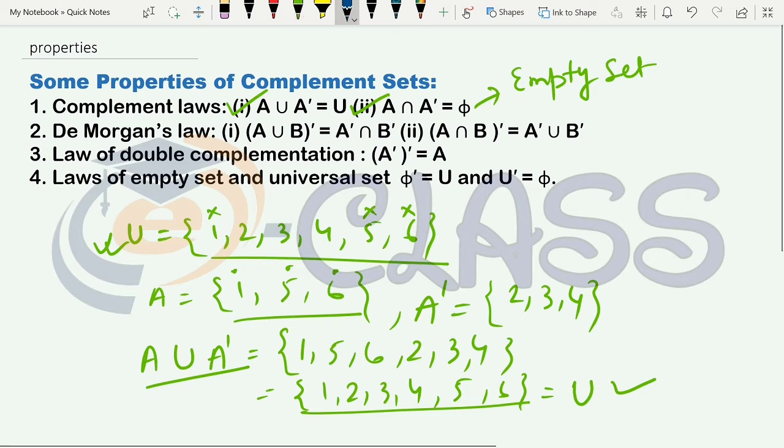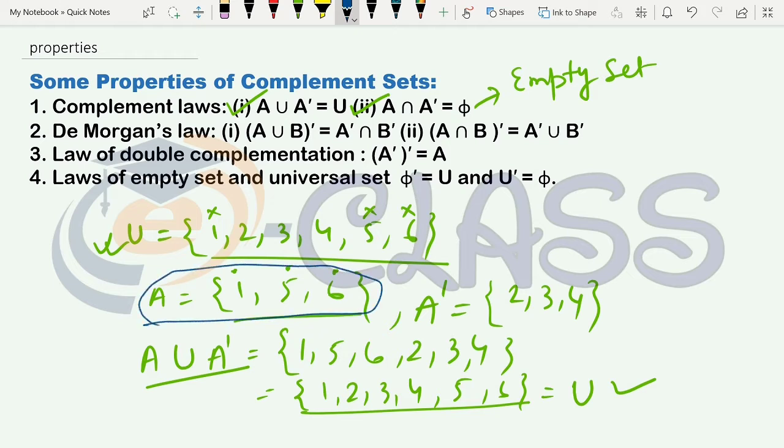As you can see, A equals {1, 5, 6} and A dash equals {2, 3, 4}. So there is no common element between A and A dash. So A intersection A dash equals phi. So property 2 is proved.